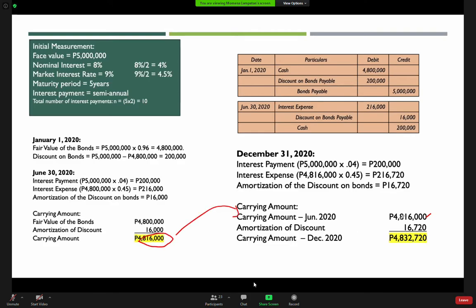So that will become your basis for computation ng interest expense. So, ito ngayon yung total interest expense. Okay, ito. Itong nandito sa June. Tama ba? Ito.